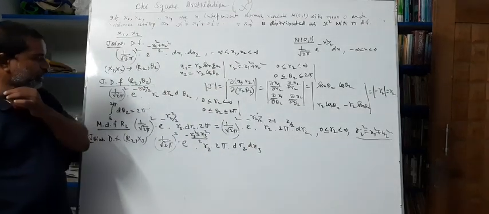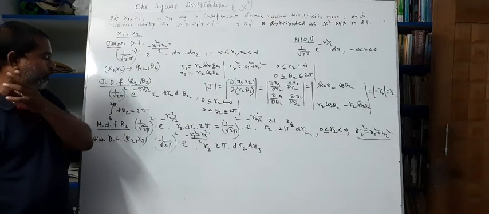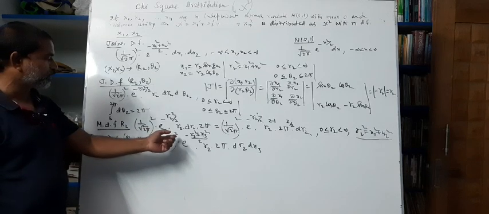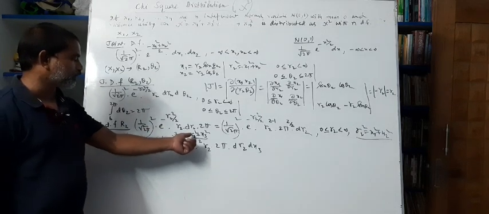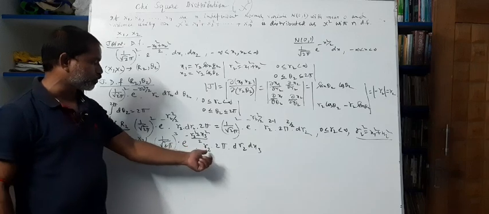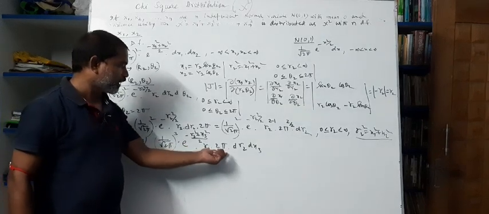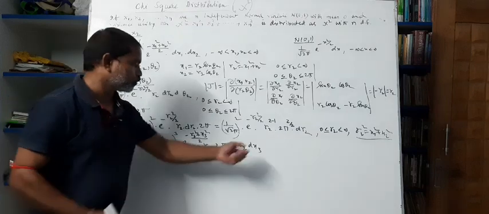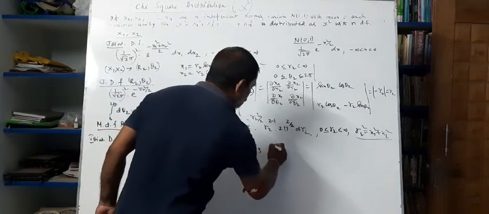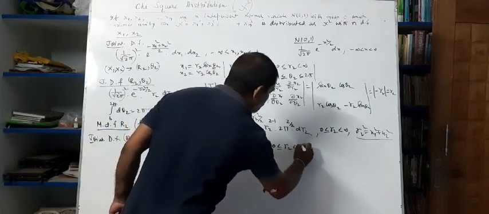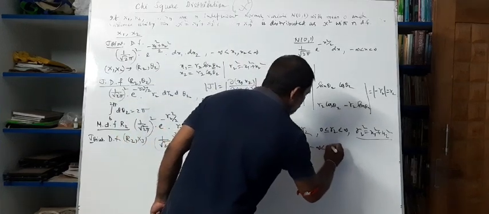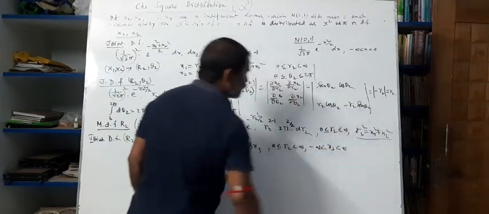This is the joint distribution function of r2 and x3: 1 by root over 2 pi whole cube e to the power minus r2 square plus x3 square divided by 2, r2 into 2 pi, dr2 dx3, where 0 less or equal to r2 less than infinity and x3 varies from minus infinity to infinity.